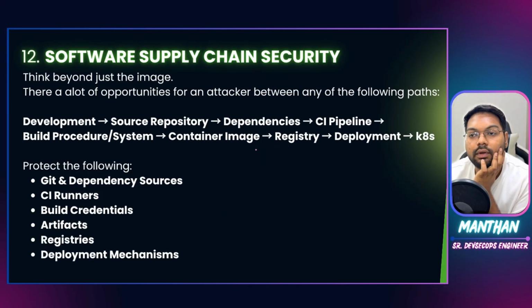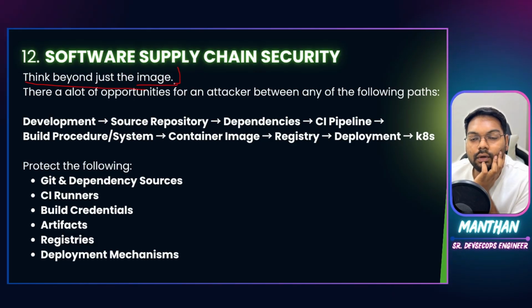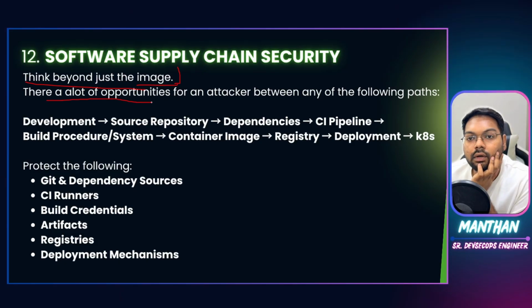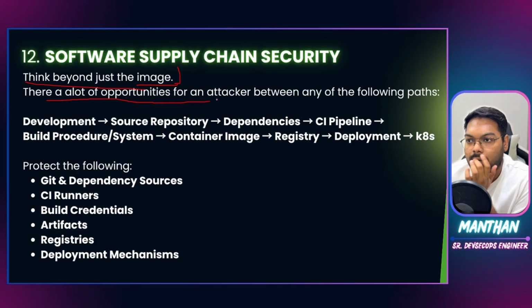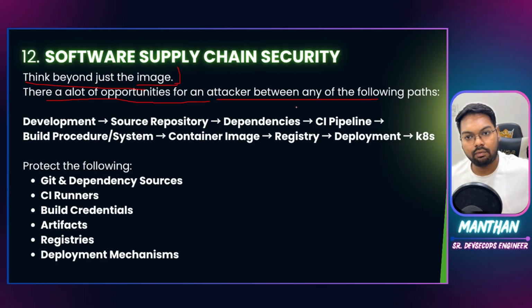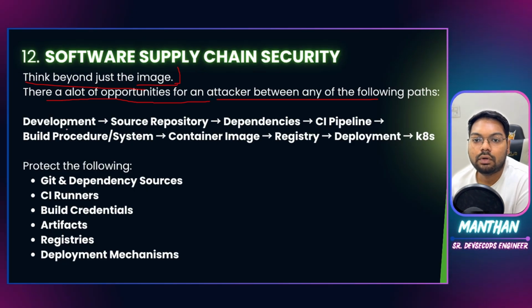Then comes software supply chain security. Think beyond just the image. There is not just one thing that you need to secure; you need to secure the entire supply chain. There are a lot of opportunities for an attacker along the path, right from the beginning of development up to the cluster.